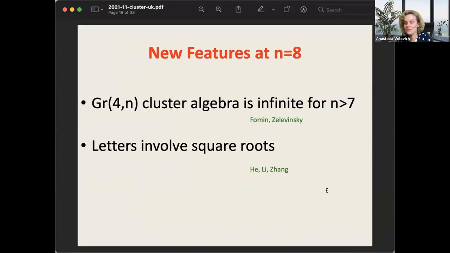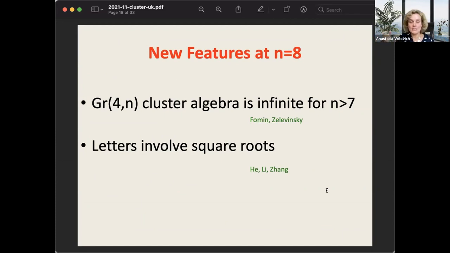Okay, so then, why am I here? What's been recent? Of course, you know very well that when n is greater than 7, for Gr(4,8), the cluster algebra is infinite. And for amplitudes, if you look at them, only a finite subset appears. So we'd like to describe them.